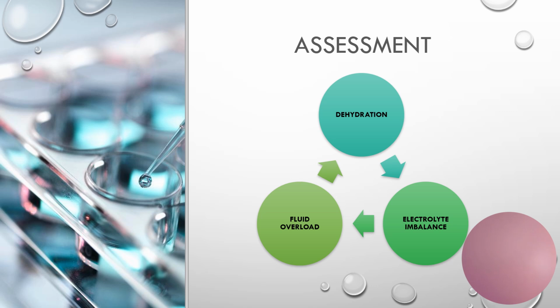But the pulse is going to be weak and thready. With fluid overload, that pulse is going to be very bounding, so really strong, stronger than usual. We're looking at skin and mucous membranes, the fullness of the neck veins, and the capillary refill. We're auscultating lungs and looking at urine output.